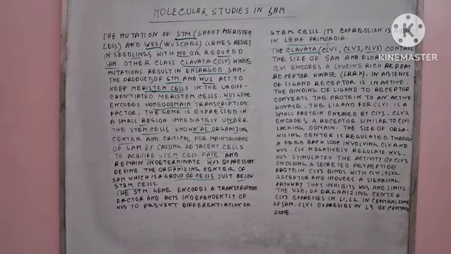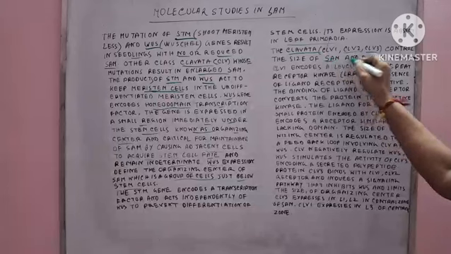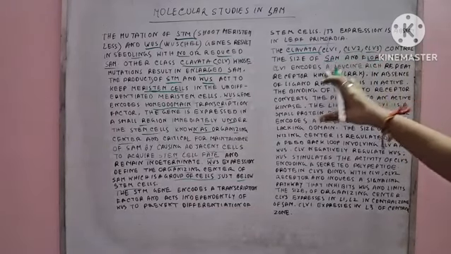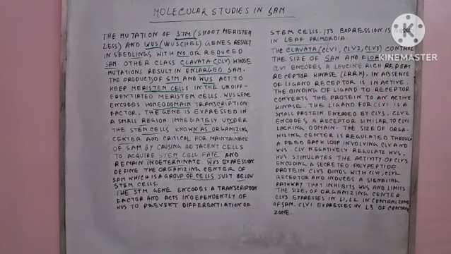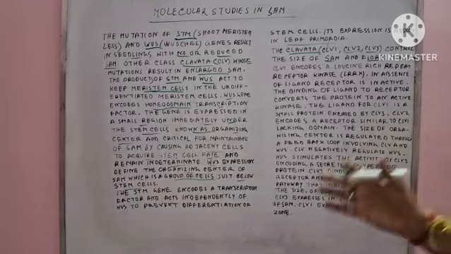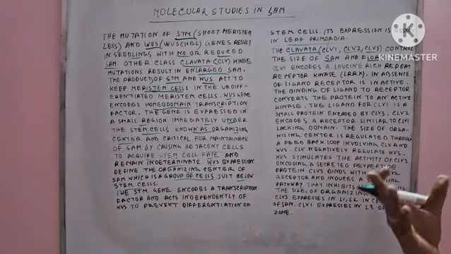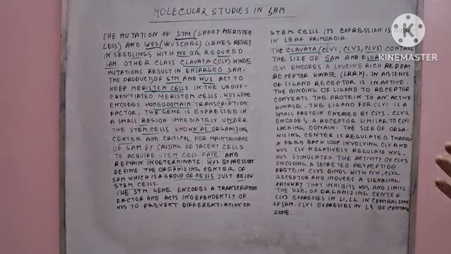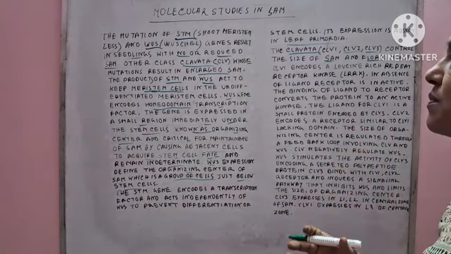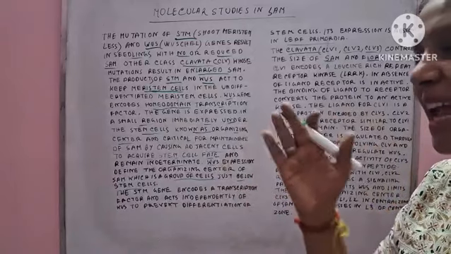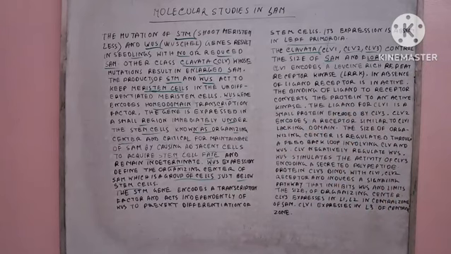These genes generally control the size of the shoot apical meristem and also the floral meristem, because if a mutation of this CLAVATA gene is present in any plant, the plant's size becomes very enlarged. Because the SAM, or shoot apical meristem's size, is also enlarged, that's why the plant size is also increased.